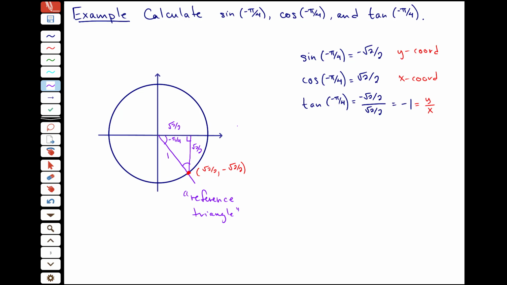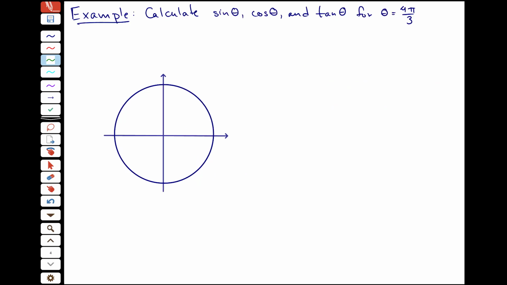So for example, if I drew this triangle over here against the y-axis instead of the x-axis, I would still get the correct answer, because the sides of this triangle would still be root 2 over 2 and root 2 over 2. So I can draw my reference triangle wherever I like, really, as long as the coordinates of the point end up being correct.